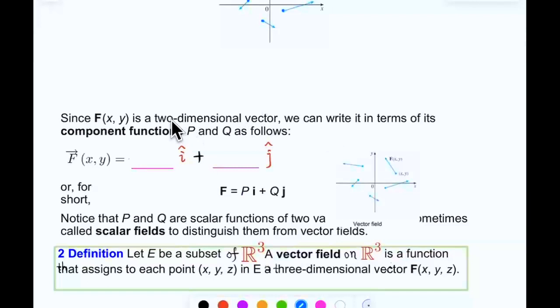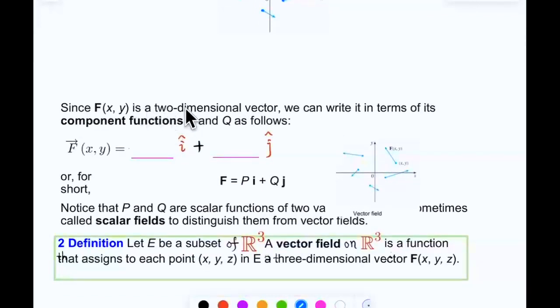Now, since the vector field is two-dimensional, remember it maps a point in R2 to a vector in R2, right? So this one here indicates a two-dimensional vector. We can write it in terms of its component functions P and Q. So you have two components, one along the i direction, the other along the j direction.